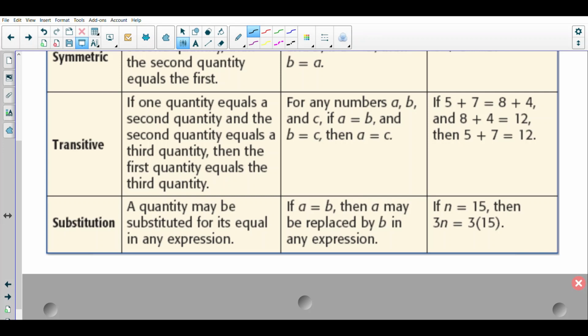We take something out, we put something in. And we had a slight introduction to this in the last section where we had A is equal to 7 and B is equal to 3, and then we took those A and B's out and then put those numbers in. That was substitution. So you're taking something out and you're putting something of equal value in.